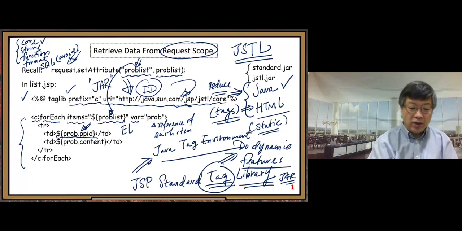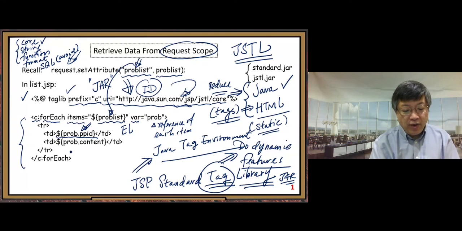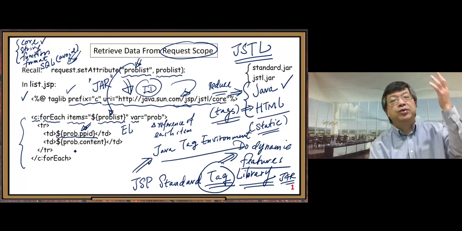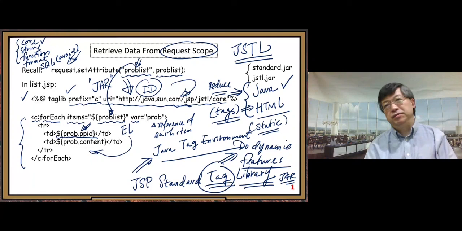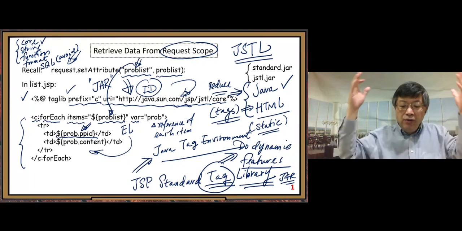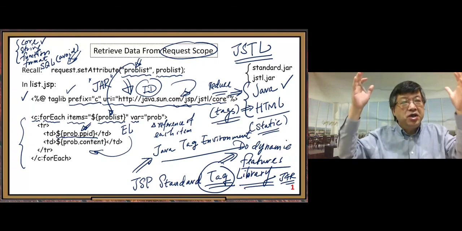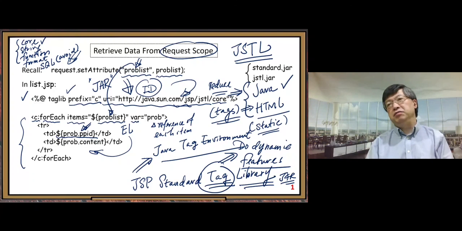That's the first one. Second, another dollar curly braces prob, this time you retrieve the content property. So you put the content property here. That EL is very convenient to use. Okay, all right. So that's pretty much the whole story of using JSTL technology.